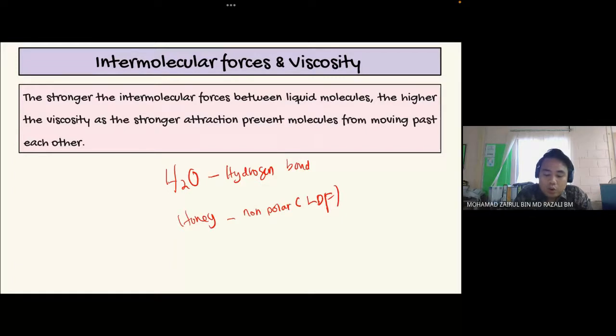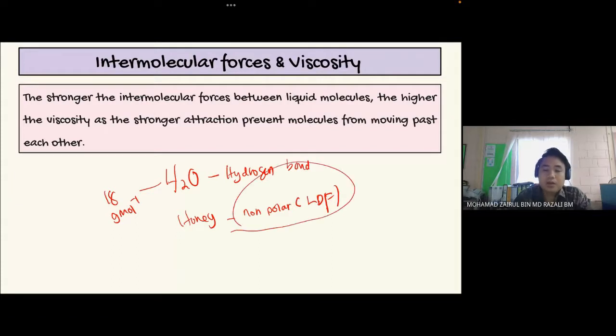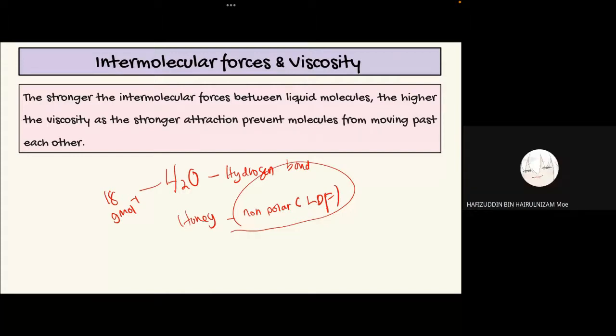Apa? Water ini kalau awak tengok mass dia 18 gram per mol. Tapi honey ni is made up of molecule yang ada 20 carbon, yang ada 30 carbon. So maknanya apa lagi besar dia punya molecular weight? Honey or water? Honey.